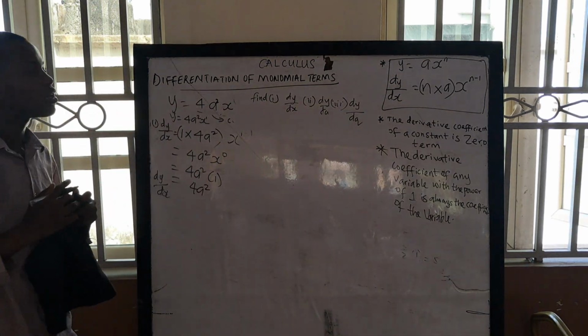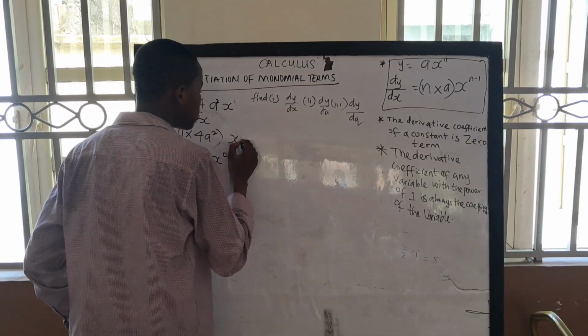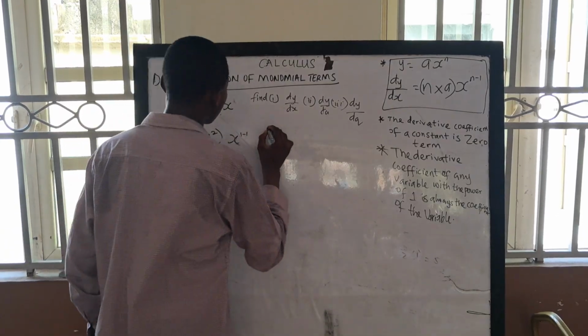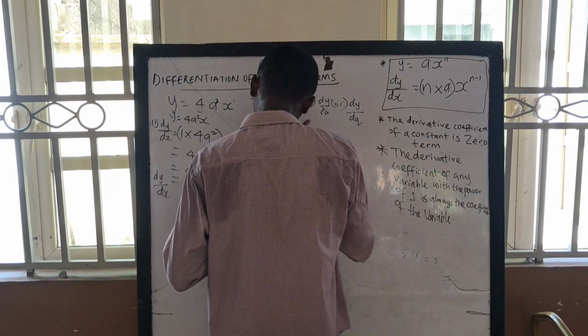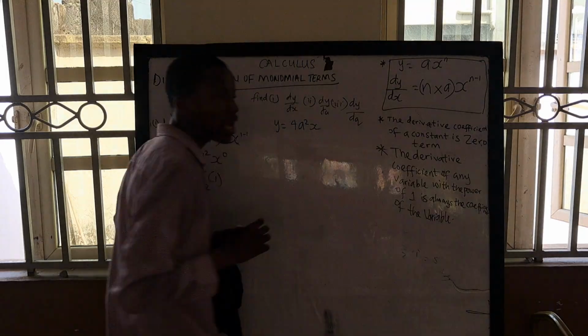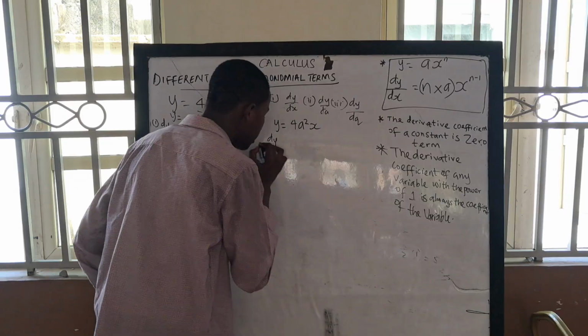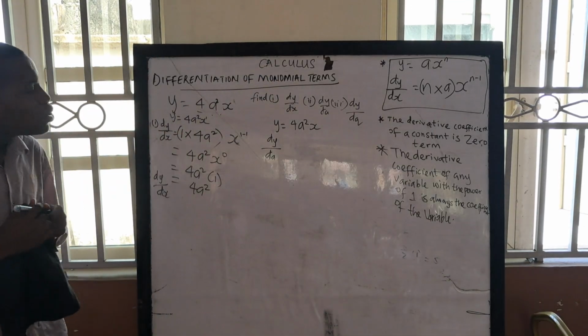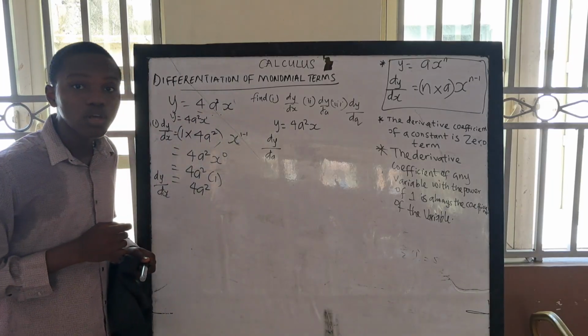Because I'm differentiating x, and my x has a power of 1, when I differentiate it, it will be the coefficient. Now let's do dy dA. I'm having y equals 4a squared x, and I'm asked to find dy dA. Now in this question, I'm asked to differentiate y with respect to what? Is it with respect to x?